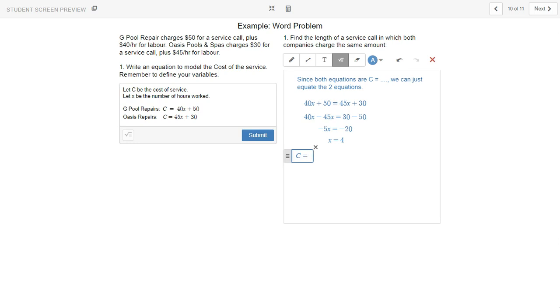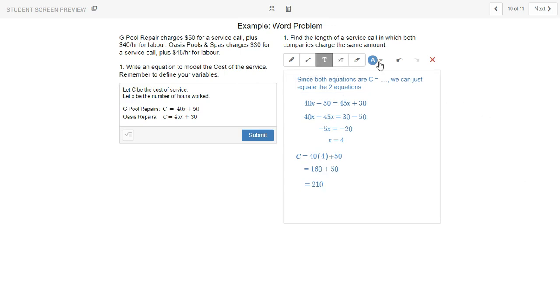So the cost is 40 times x plus 50. So I'm going to have 40 times 4 plus 50. And we simplify that to 160 plus 50. And C is equal to 210.